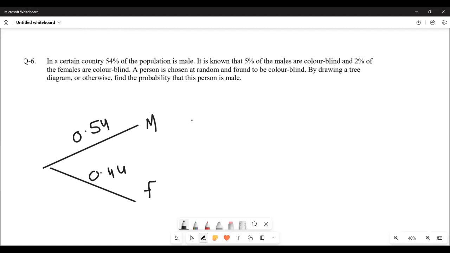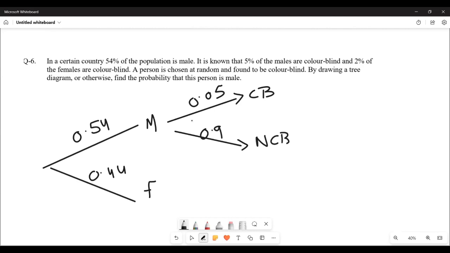Okay. And then it is known that 5% of the males are colorblind. So colorblind male would be 5%, 0.05. And not colorblind would be 0.95.